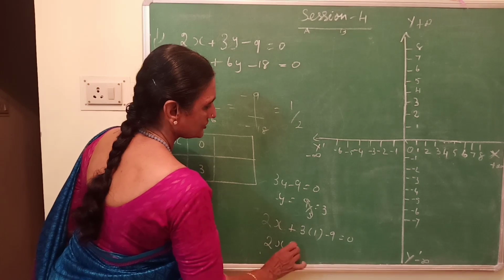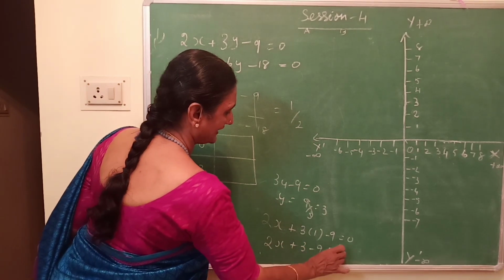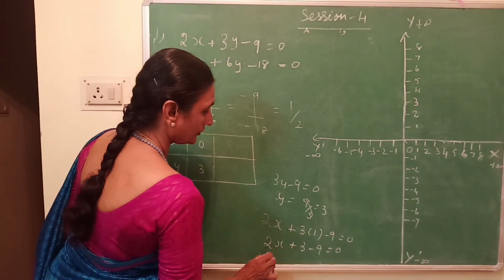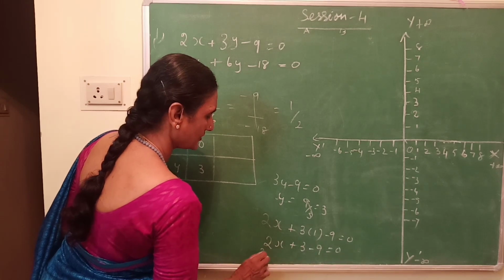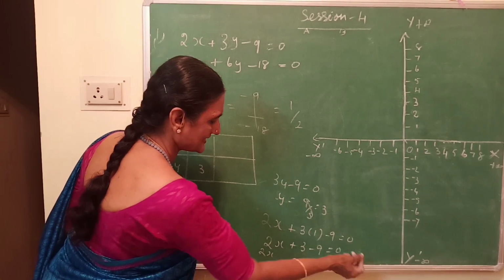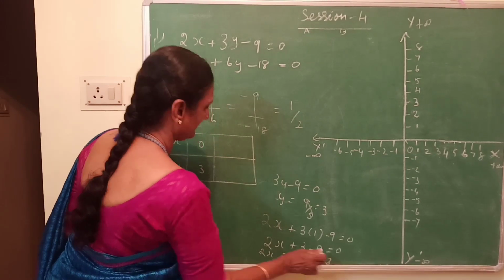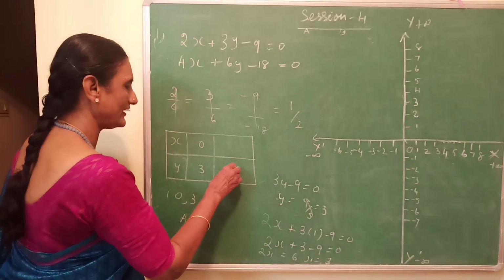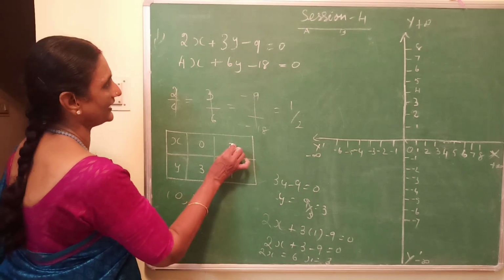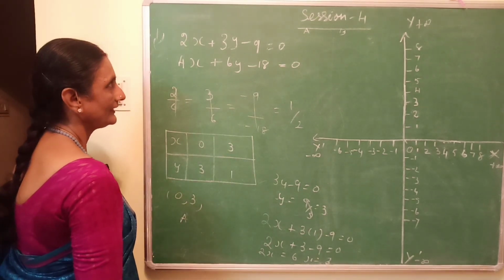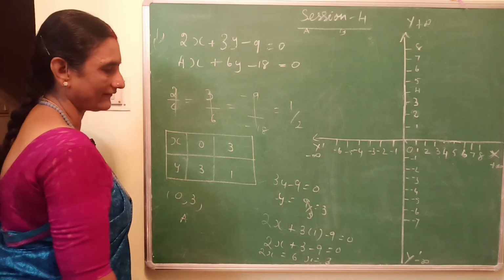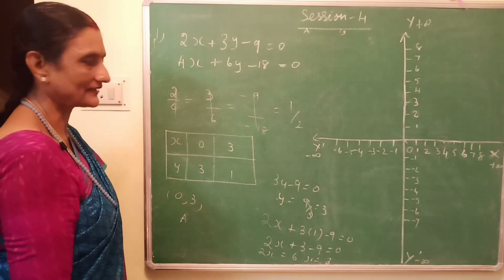We'll get 2x plus 3 minus 9 equal to 0. So 2x is equal to, minus 6 going to the other side, you get 6. Then x is equal to 3. Therefore, by taking the value 1 for y, you get x value as 3. Okay. So this is what you have to plot. Is that clear to you?